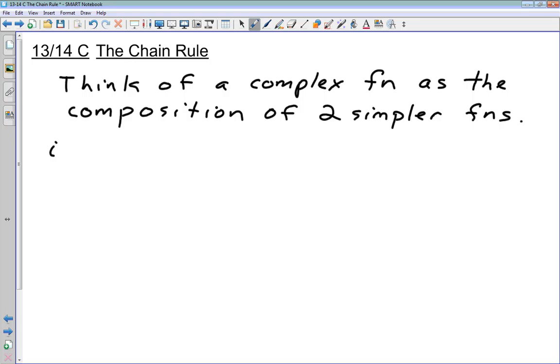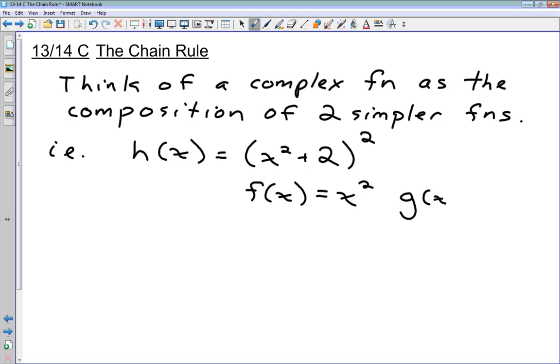So if we have something like h at x equals x squared plus 2, squared, we can think of this as being made up of two simpler functions. f at x equals x squared, g at x equals x squared plus 2, and we can think of h at x as being the composition of f at x and g at x.